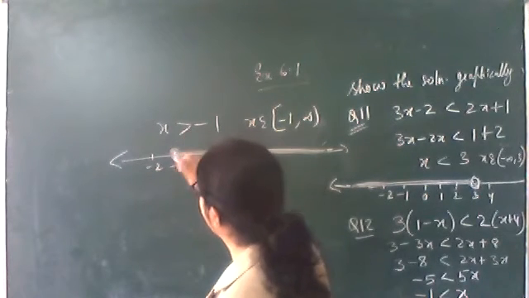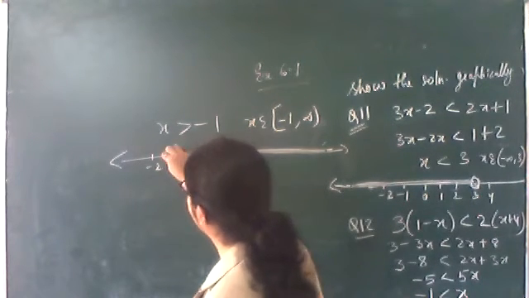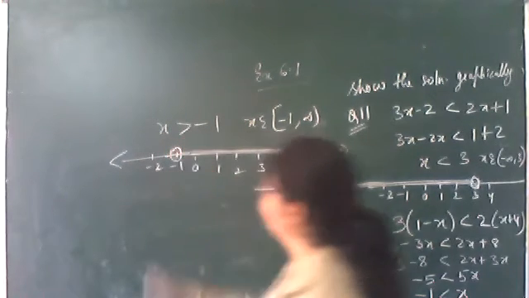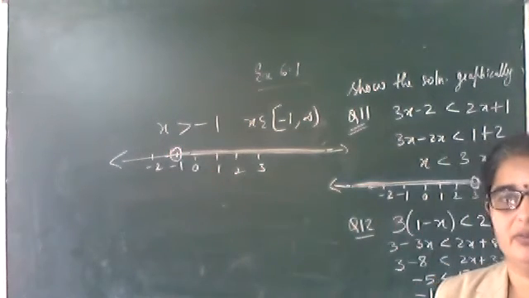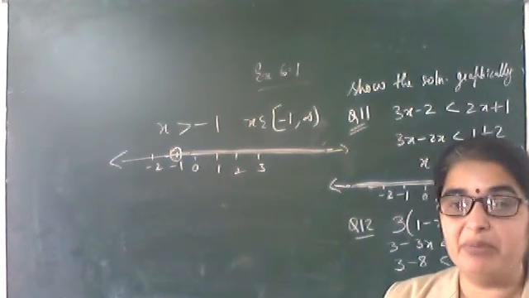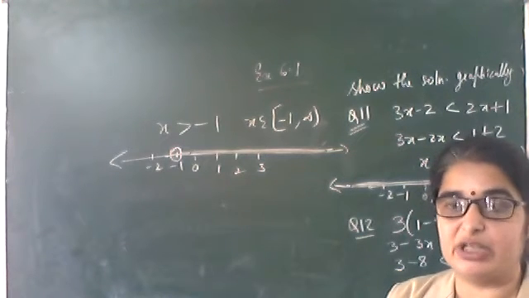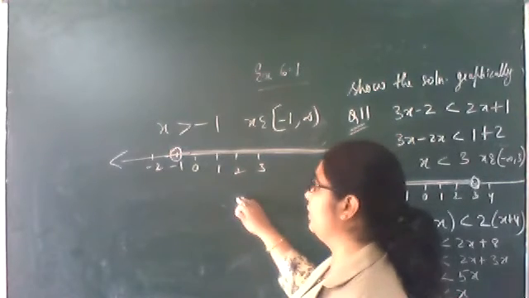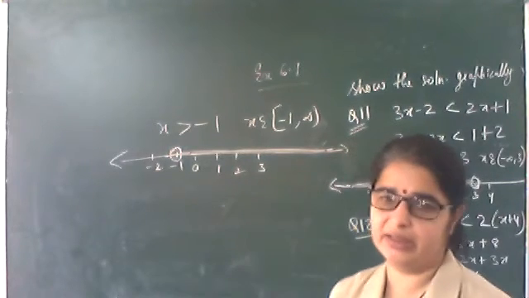But now here we do not have an equal to symbol, so we'll show it like this. Clear? This is the only difference. If you don't remember, go to your previous classes, where I have explained open and closed intervals and how to represent them on the number line.